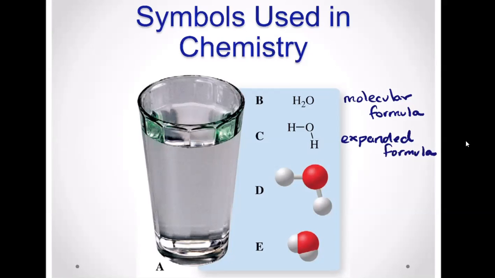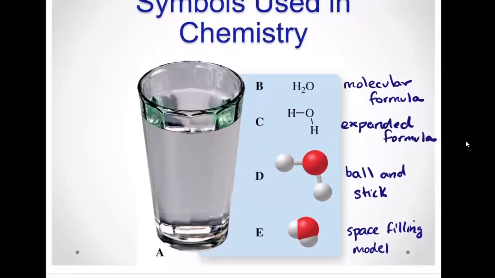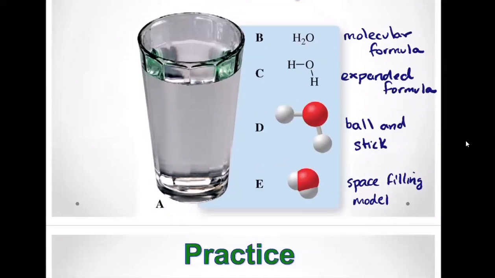Sometimes you'll see representations with the ball and stick, which look like molecular models. The more realistic appearance is called the space filling model, with the electron clouds filling in the space. These are all symbols you'll see in this course, and you'll learn the colors. Red is for oxygen, white is for hydrogen.